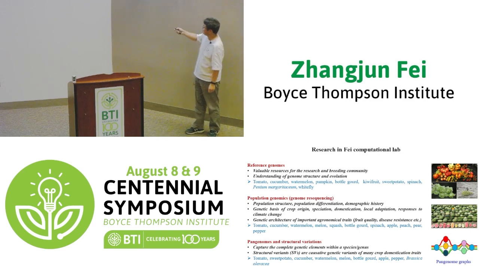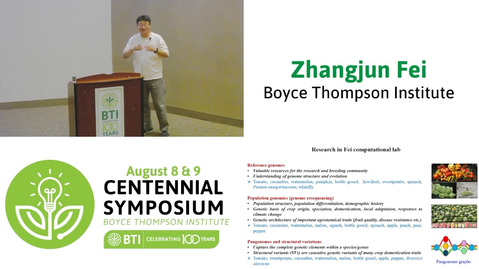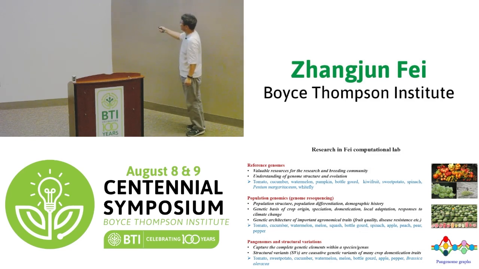Each node represents a sequence, and the edge represents the relationship between these sequences. The genome variations are captured in this pangenome graph. Unlike a linear sequence, where you only capture one path, now we have multiple paths.